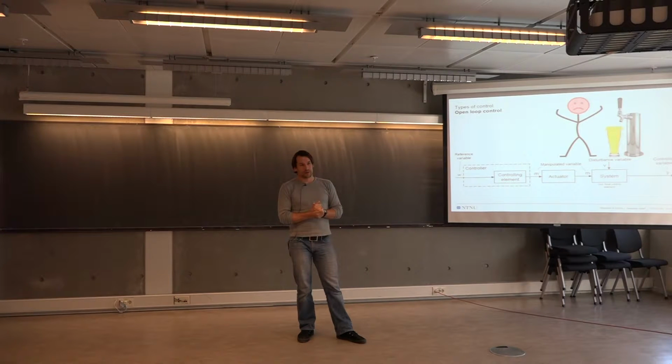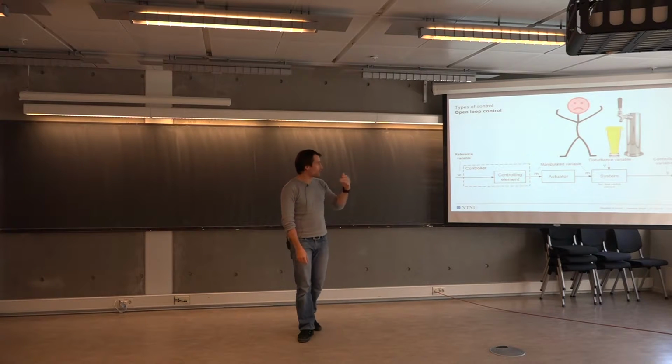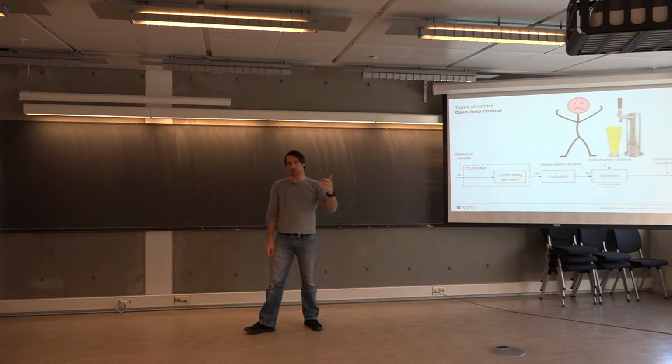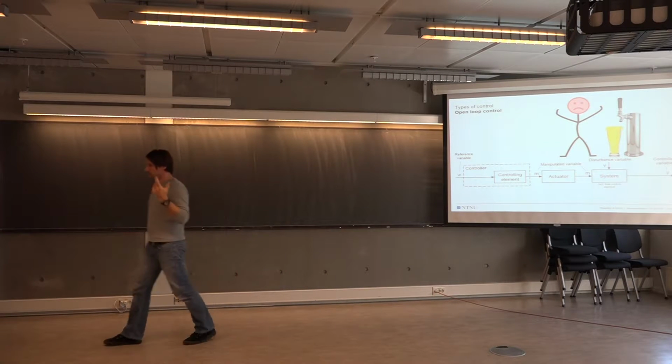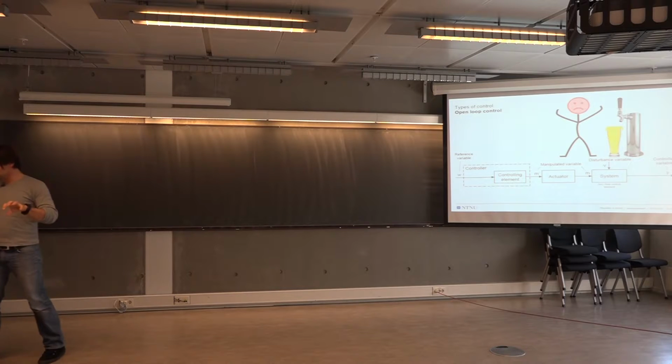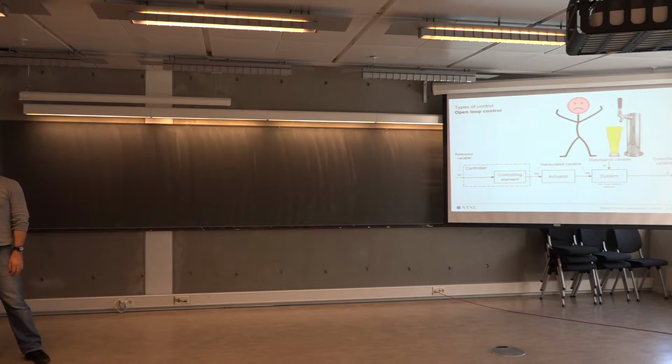And this is basically the movement of his hand and the degree by which he or she opens or closes this valve by moving the lever up and down. That's a simple diagram of how to put this picture here into pieces.